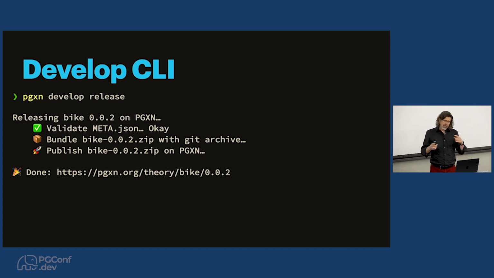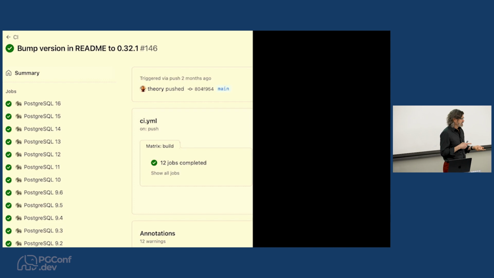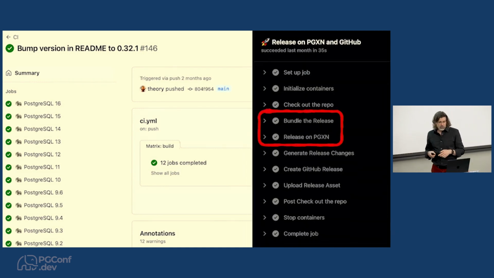So in addition to the command line tools just to help you in your iterative development process as you're building and working on and testing an extension, we want to provide tooling for CI/CD so you can have it in your GitHub workflows or whatever workflow pipelines you want to use to test on a bunch of versions of Postgres, and to do the release on PGXN, or maybe even, I have projects here that do, release it on GitHub as well.